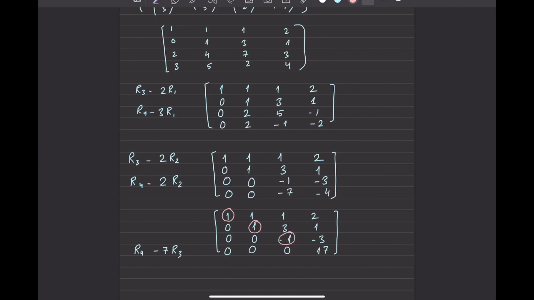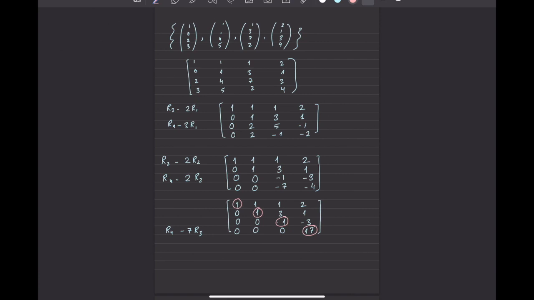There's a pivot variable in the first column, second column, third column, as well as the fourth column. And hence, all four vectors are linearly independent, and all of these four vectors would form the basis.